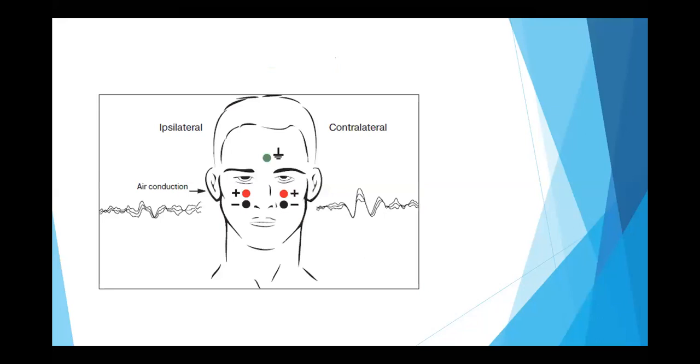So this is the placement when we are doing an OVEMP. One thing I would like to say is the OVEMP is a recent one. The CVEMP was actually discovered in the 1990s, okay, by Colebatch et al. And then the OVEMP was actually reported in 2012.